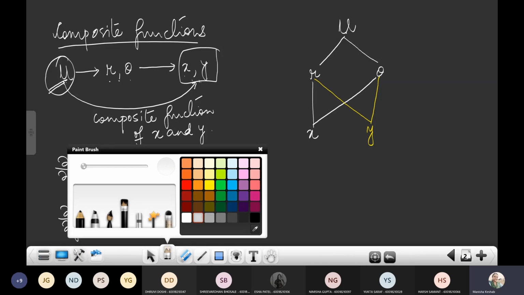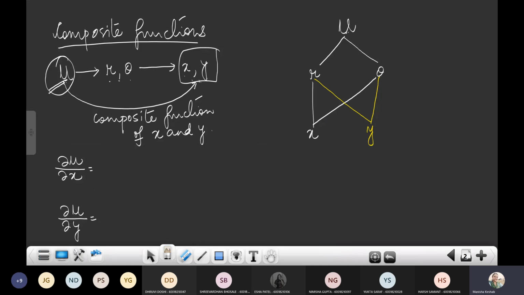So what does it say? That u is a function of r, which is a function of x, and u is a function of r, which is a function of y also. Similarly, u is a function of theta, and theta is a function of both x and y. So we want to find del u del x.